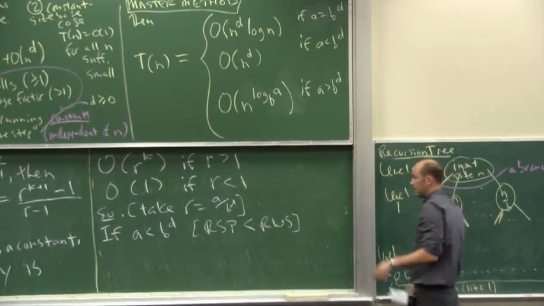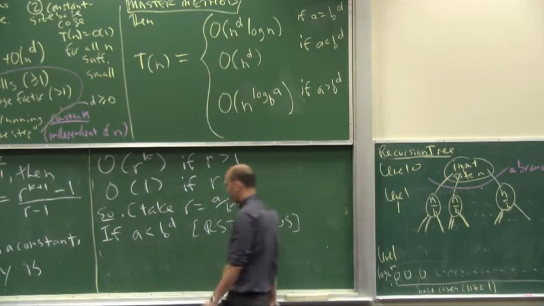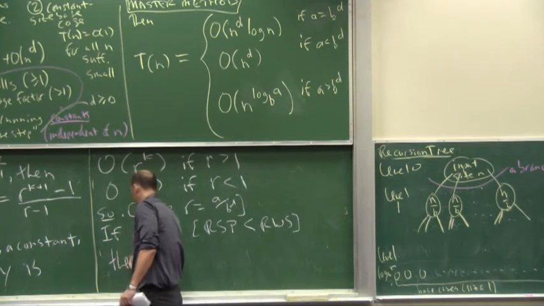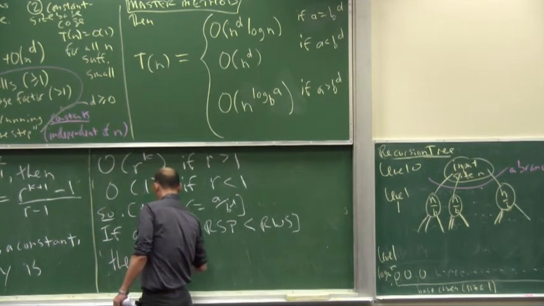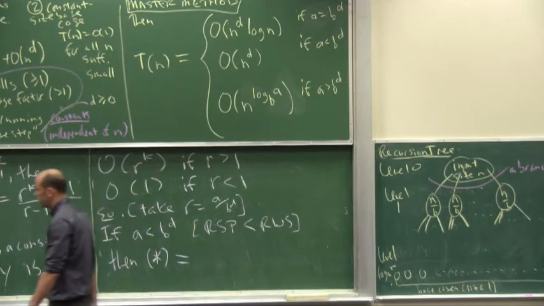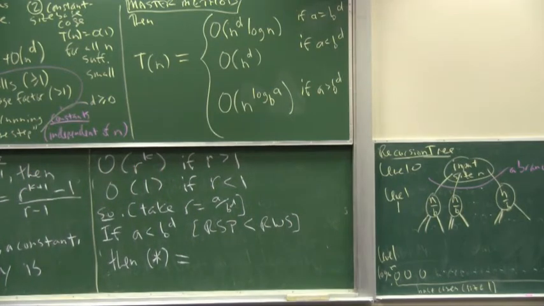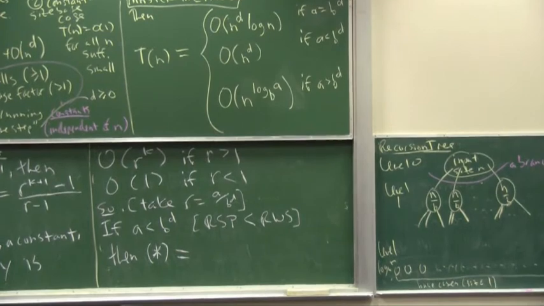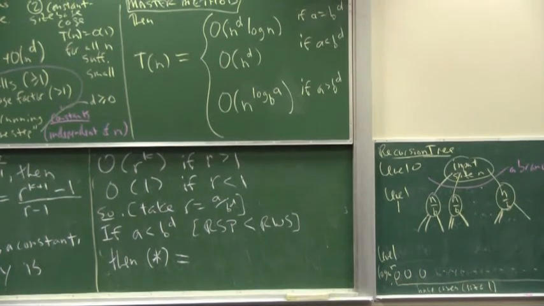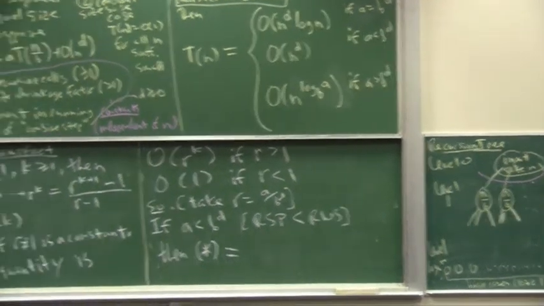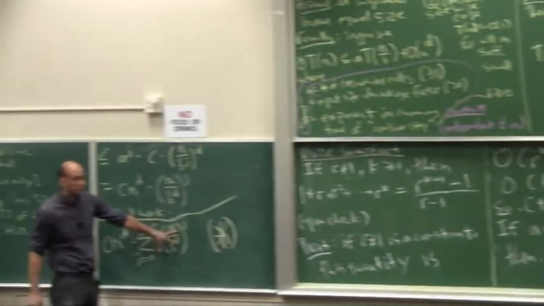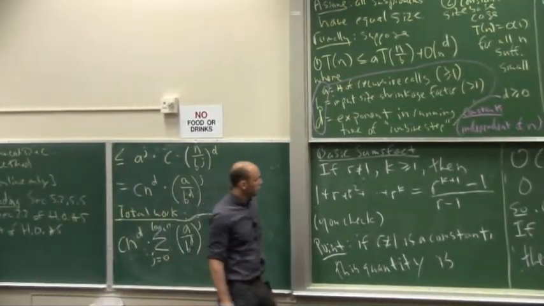So this is where the work is getting less and less as you go through the levels. Then what is star? Well, if A is less than B to the D, then this thing is less than 1. So we're in this case here.